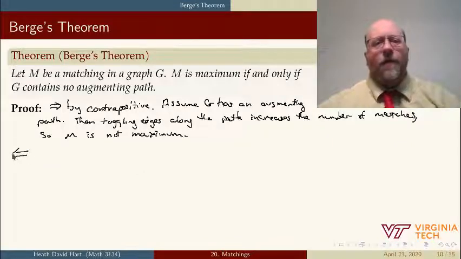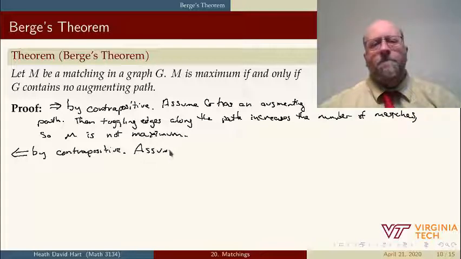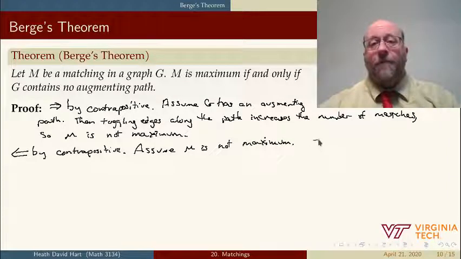So we're going to look at the other direction. We're also going to prove this by contrapositive. We're going to assume that M is not maximum. Then there is another matching that is maximum.